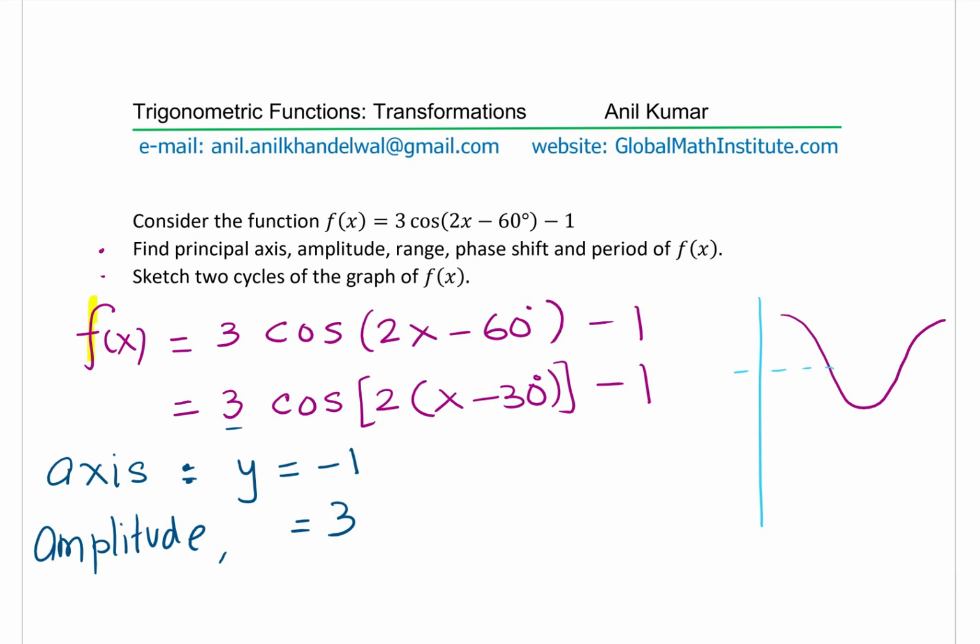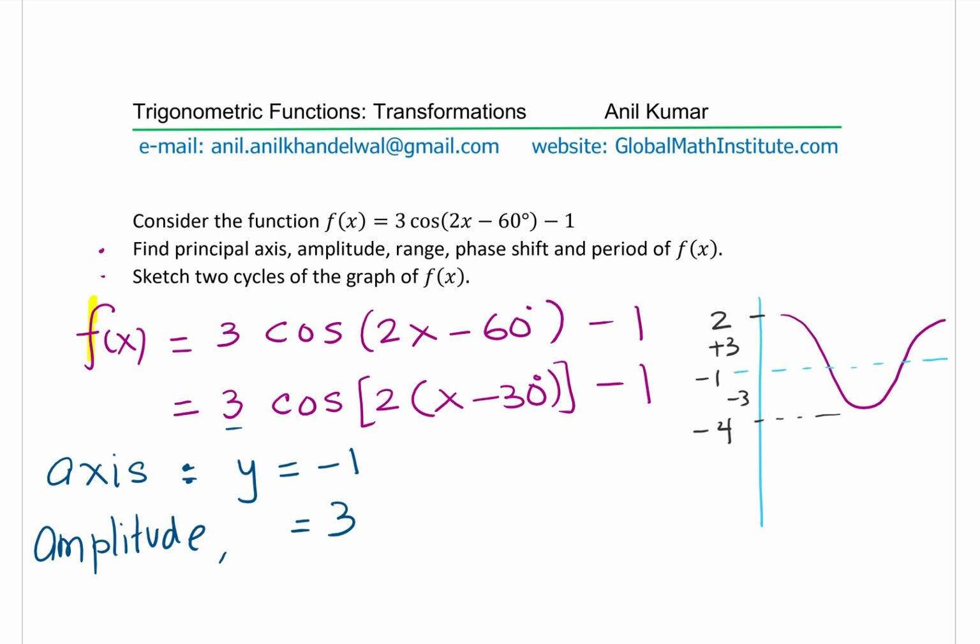So first of all, we found the axis, and this axis is at minus 1. Now from this axis, you have to go 3 up. So you have to plus 3 to go 3 up, and you have to go down. So you have to do minus 3 to go down. So that point will now be minus 4. And the maximum will be minus 1 plus 3, which is going to be plus 2.